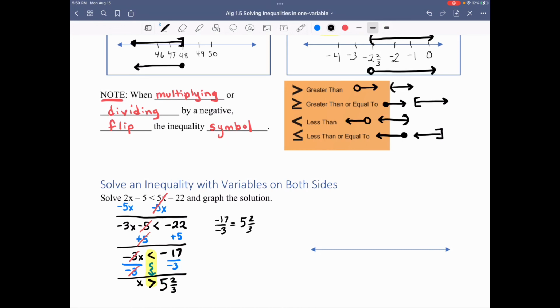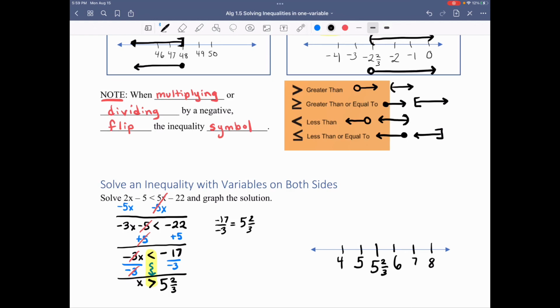So we're making the improper fraction into a mixed number because it makes it easier for us to graph it. 17/3 is kind of hard to graph. So we want it to be 5 and 2/3. 5 and 2/3 is close to 6, and it's close to 5. It's in between 5 and 6. And then we have 7, 8, 4.